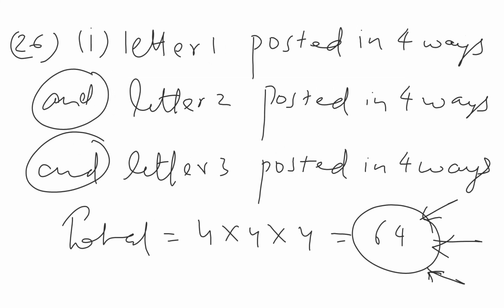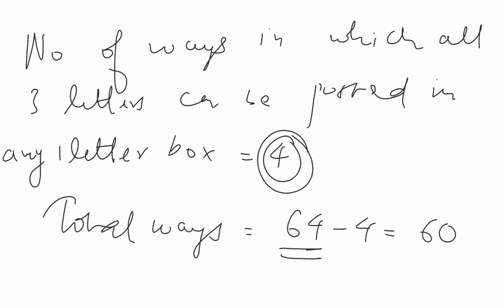Now, out of these, four ways are such that all three letters will be in one letter box, any one letter box. So that we need to subtract. So 60 is the total number of ways such that any number of letters can go in any letter boxes, provided all three cannot go in one letter box.